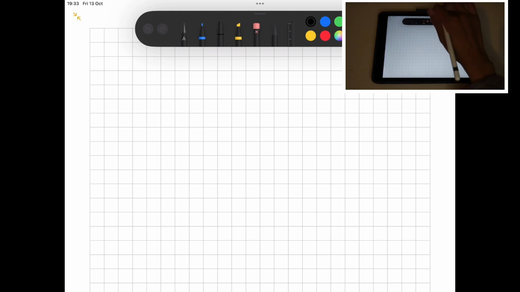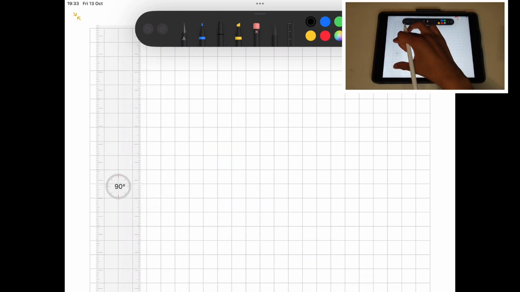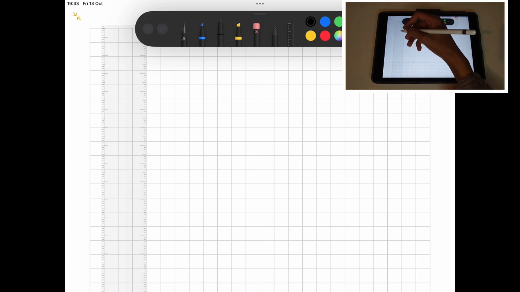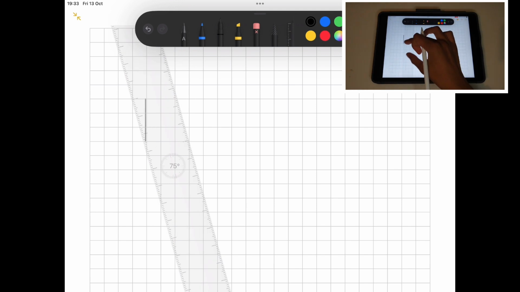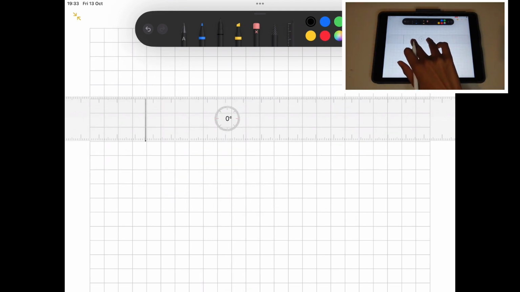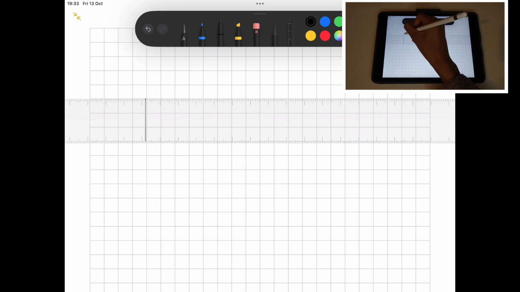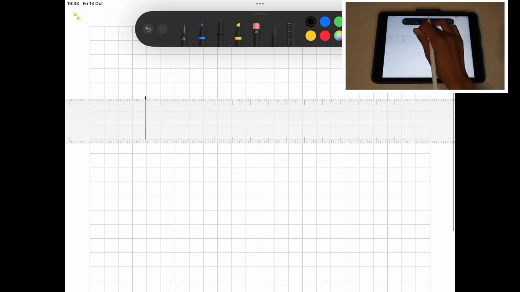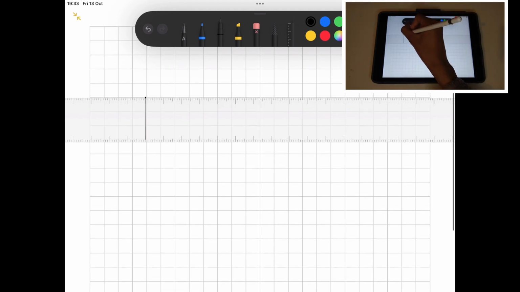So, let me make an example here. If I had a shape that was 3... We'll go 5.